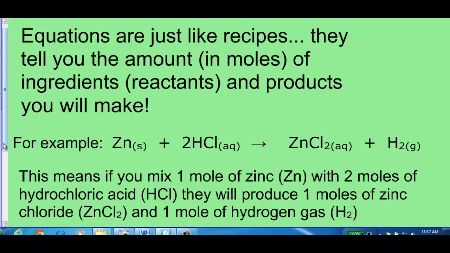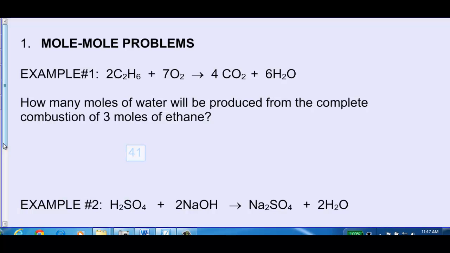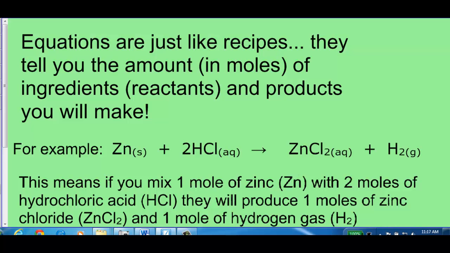So what this zinc equation that you have in your notes is saying is, if you mix 1 mole of zinc, remember 1 mole is a formula mass, with 2 moles of hydrochloric acid, you will generate 1 mole of zinc chloride, which is dissolved in water, and 1 mole of hydrogen gas, okay?